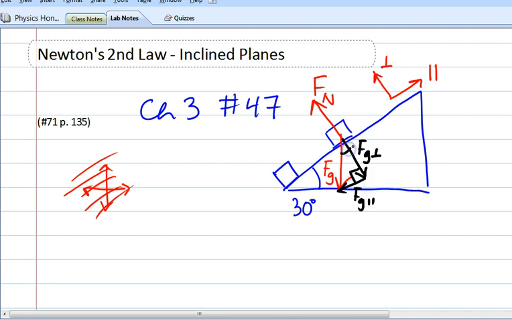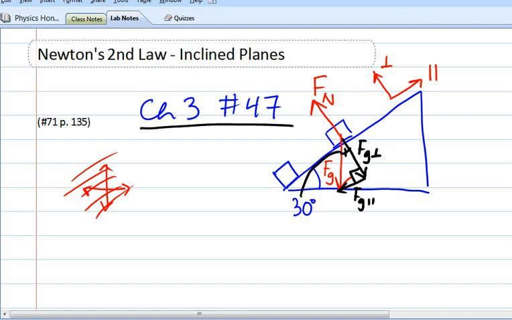We can show that the angle at the top of this triangle is also 30 degrees. We can use this to calculate the components of FG perpendicular and FG parallel. Again, if you're unsure about what's going on here, go back and look at number 47 of chapter 3.